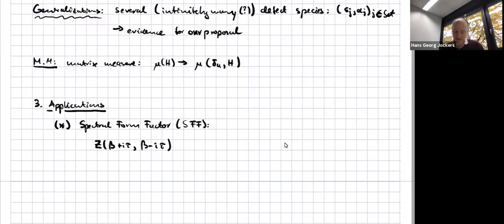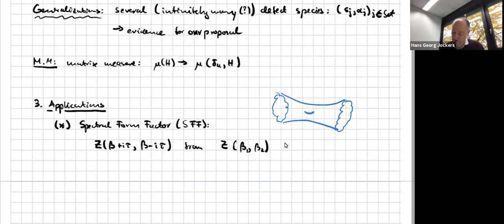You now have geometries with two boundaries, like this, the tree-level geometry, something like that. And you have two inverse temperatures coming from the two boundaries. Then there are these higher genus corrections, and so on and so forth.